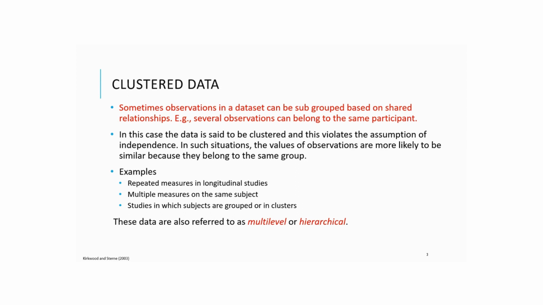So sometimes when you look at a data set, you would find out that some of the data in your data set actually cluster around a variable that they have a relationship to. And what happens when this is the case?